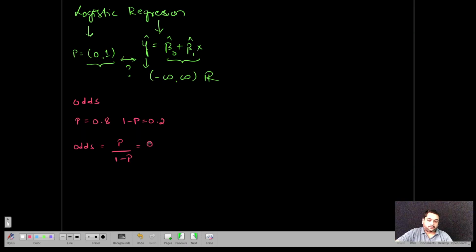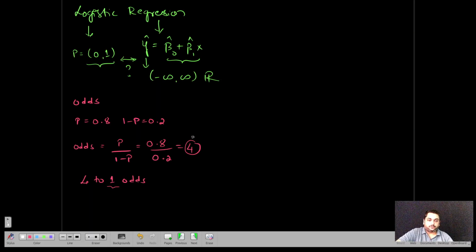Here p is 0.8 for passing, divided by 1 minus p, which is 0.2. So this is 4. What does this indicate? This indicates that the student has 4 times the chance of passing compared to failing. So that is 4 to 1 odds. His odds of passing is 4. That means he can pass 4 times compared to failing 1 time. That is the concept of odds.